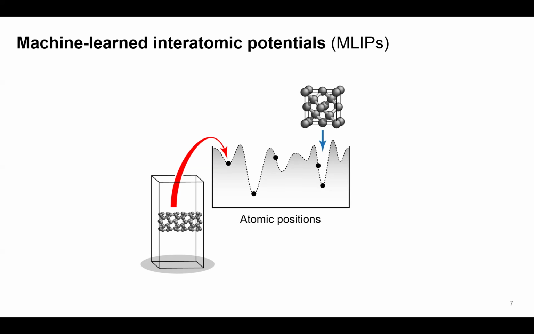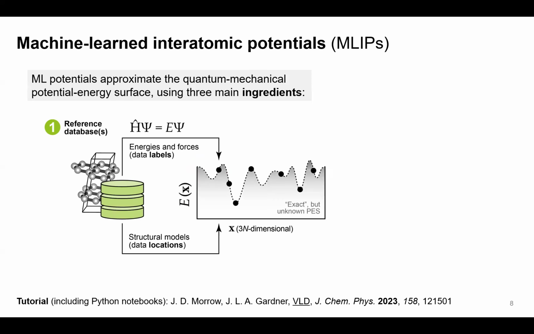So the class of methods I'm talking about today are referred to as machine-learned interatomic potentials, which means that you're trying to learn that quantum mechanical potential energy surface. This is sketched here. So you're basically building a model that predicts energies and forces on atoms for much larger complex systems.